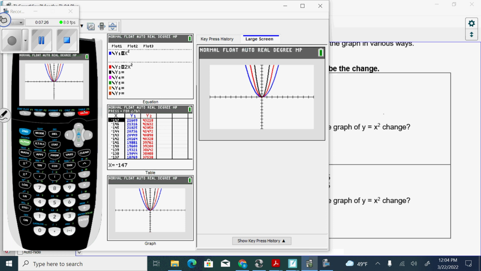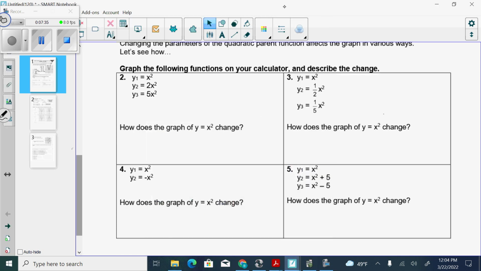So what happened to each one of these? Right, it got skinnier, right? It was smushed in, right? Okay, so it says, how did this affect the change of our graph? He said it got thinner or it got more narrow. So we would say the parabola gets narrower.